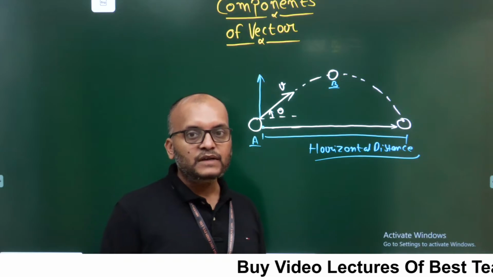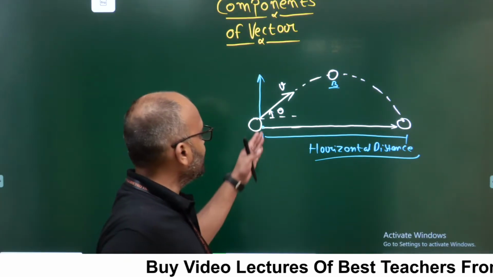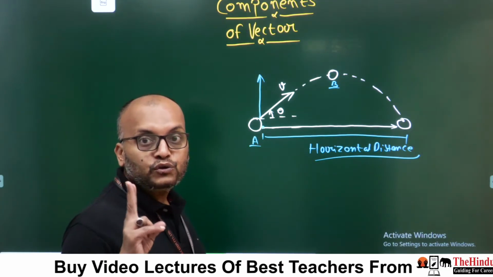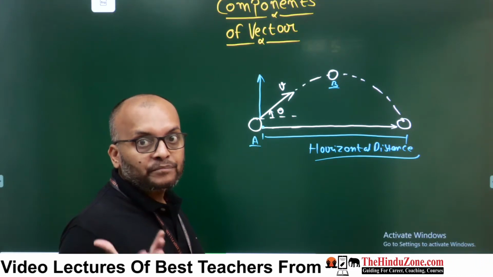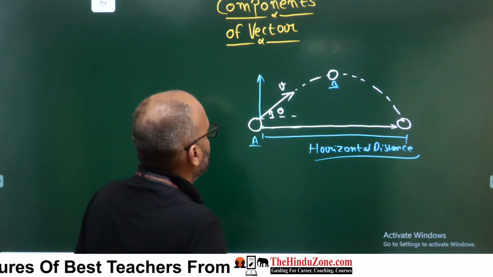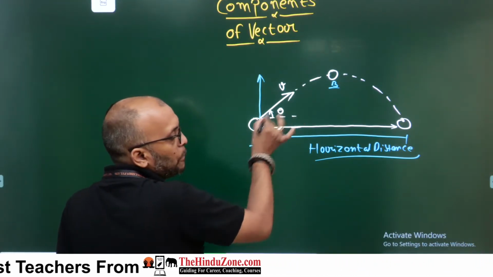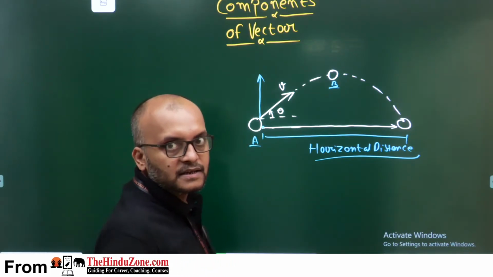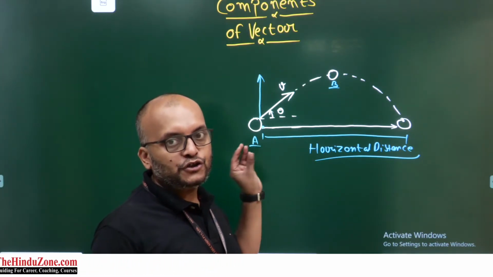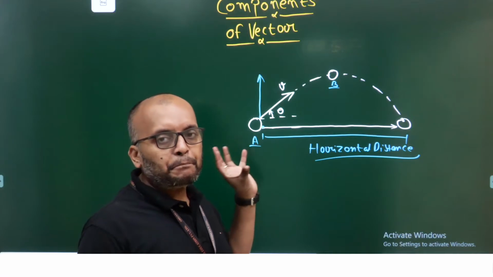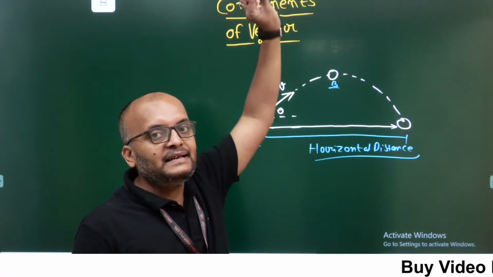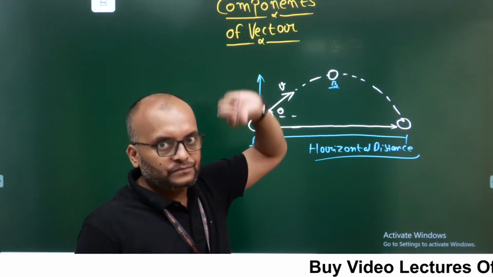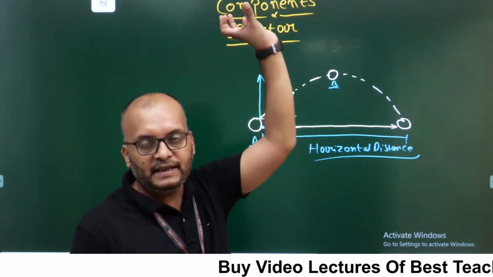Yes. Now, you gave a single velocity which is doing two things simultaneously. How? Because some portion of this velocity which you gave to the ball is acting in the vertical direction. That is why the ball is moving vertically upwards.